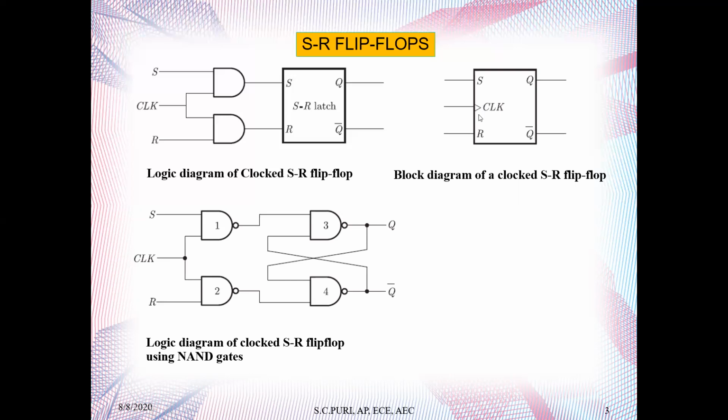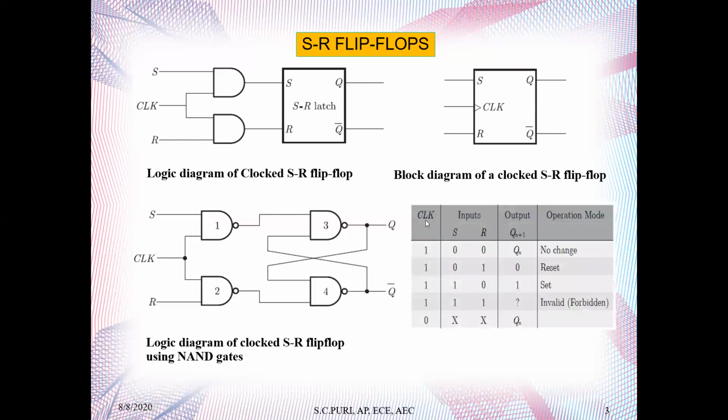This is the representation of positive edge triggering. Triggering we will be discussing at length in the next lectures. If a bubble were there, you should understand that this flip-flop activates at the trailing edge of the clock, or rather a negative edge triggered clock.